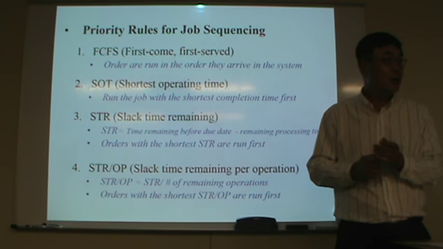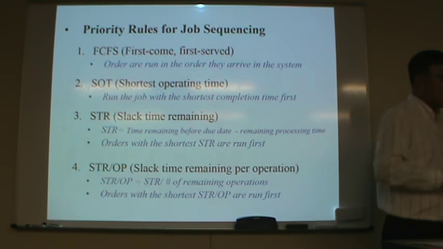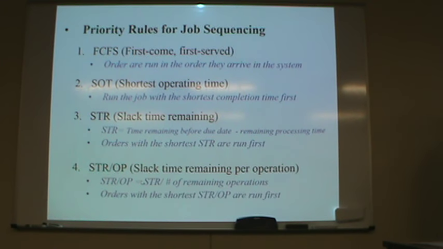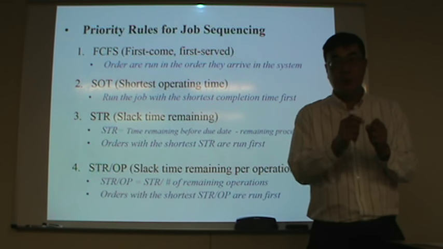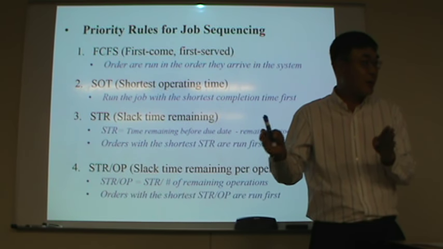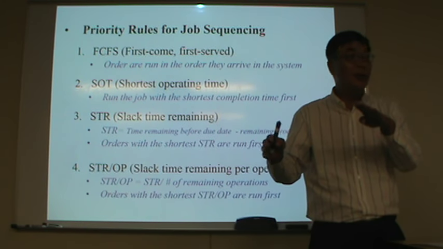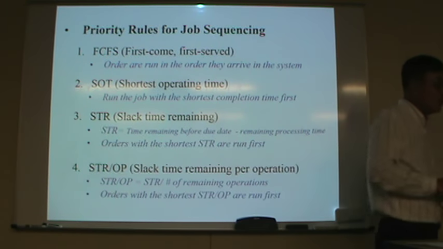It's like urgent work, right? And STR divided by OP, slack time remaining divided by the number of operations remaining. Take the shortest one, then second, third, and so on.